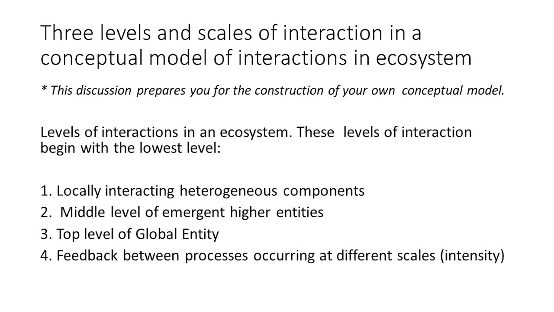The top level, the third one, is the global entity, where benefits redounding on people would be found, like people's well-being, like economic state, political stability, monetary stability, financial stability. And note that there's going to be a fourth, which is not one of the vertical levels that were explained, but it is a feedback between processes occurring at different scales or intensity.